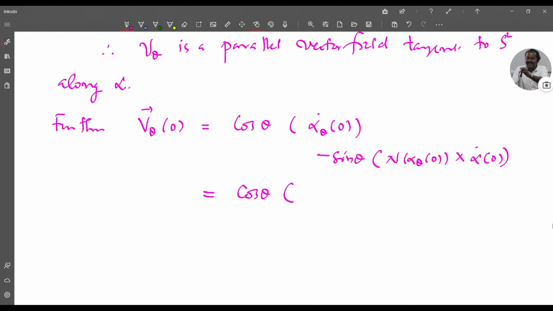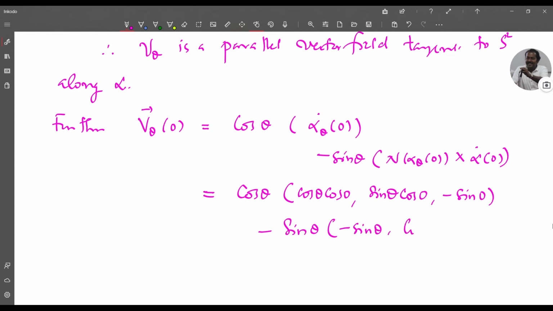So this is cos theta cos 0, sin theta cos 0, minus sin 0, minus sin theta into, you know, n of alpha theta of t cross alpha theta dot of t is minus sin theta, cos theta, 0.